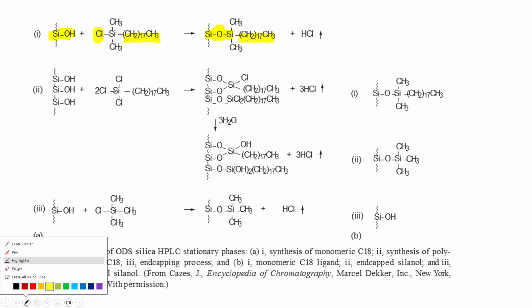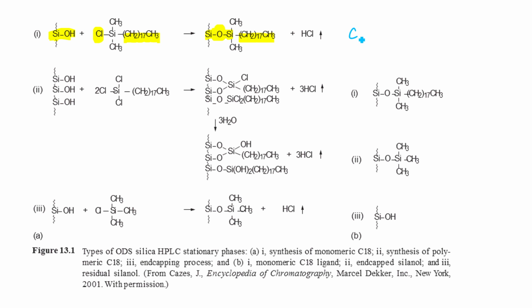So that would be what we refer to as a C18 stationary phase. So it's C18 bound to this silica particle. All right, and it wouldn't be just that happening once. We would put literally tons and tons and tons on a surface so that it creates this non-polar layer.